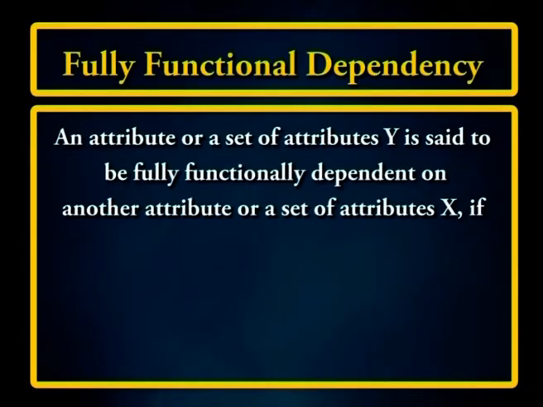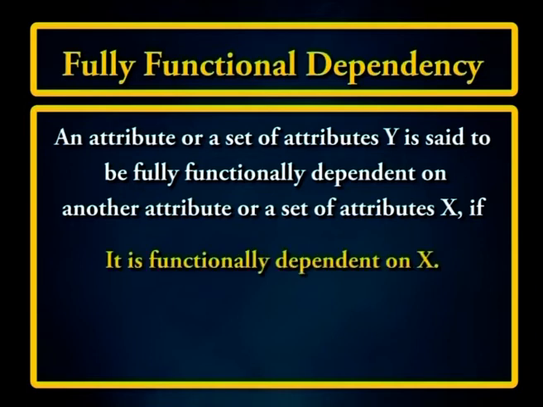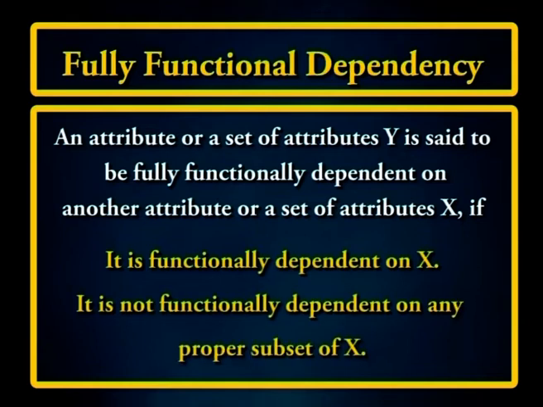An attribute or a set of attributes y is said to be fully functionally dependent on another attribute or a set of attributes x if it is functionally dependent on x and it is not functionally dependent on any proper subset of x.